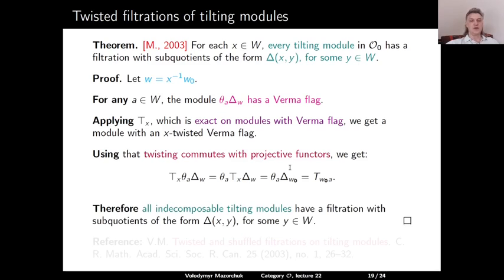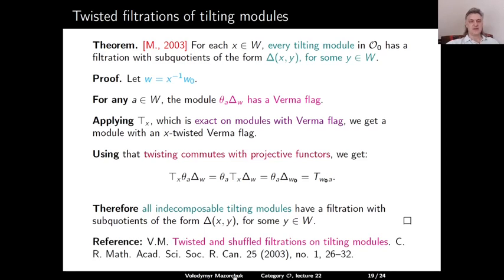So this means that all indecomposable tilting modules have a filtration with subquotients of the form delta xy, where y can vary. So the reference for this is the paper Twisted and Shuffled Filtrations on Tilting Modules from 2003.